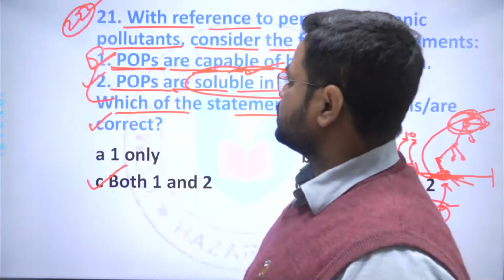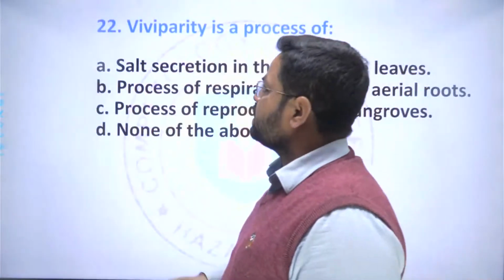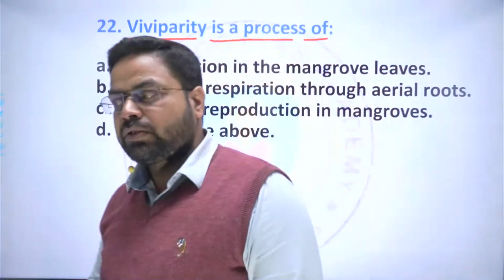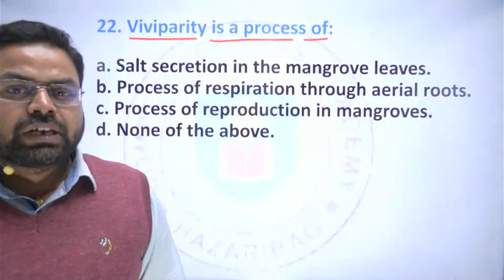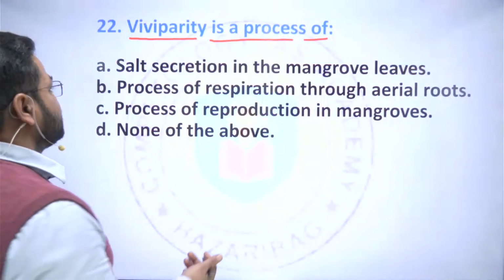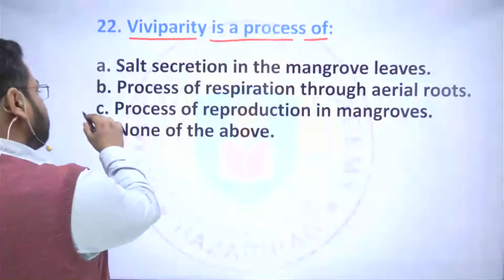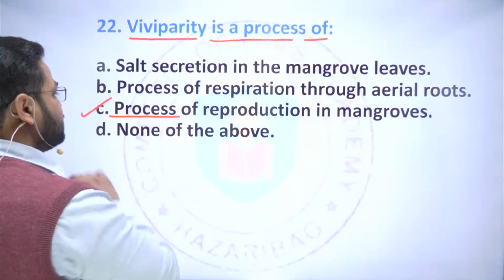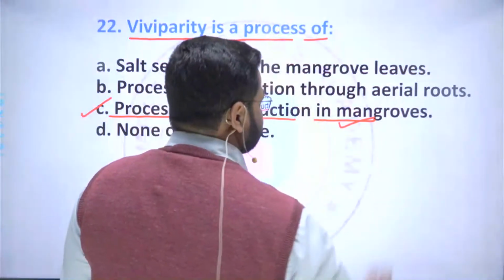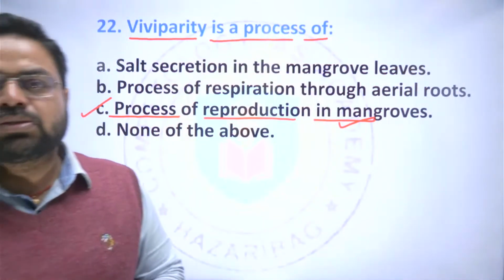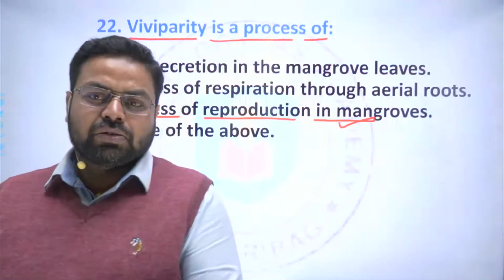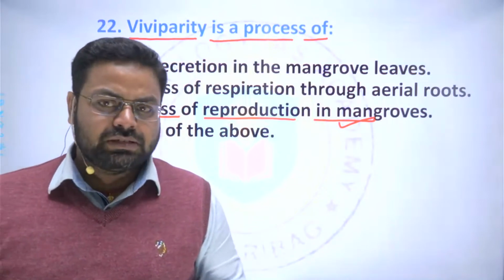Now come to the next and the last question, that is, viviparity is the process of. This is a question time and again asked in the environment and ecology section of the civil services exam, and this is a simple factual question, which is the process of reproduction in the mangroves. Mangroves are time and again in news because many of the mangrove patches are getting destroyed because of encroachment, construction purposes, and various other things, right?